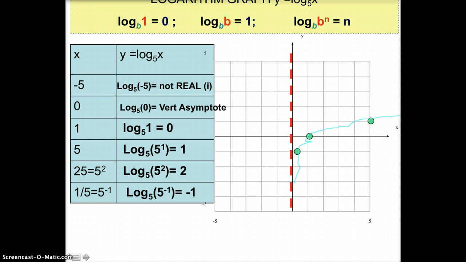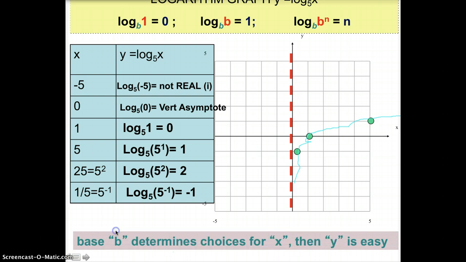And it would go way out there and hit that point. Just kind of get the idea there. So a log graph looks like it's falling. A log, a tree, is falling. So pick easy numbers for x, and then y is easy. So we use these 3 logarithm rules to emphasize this.